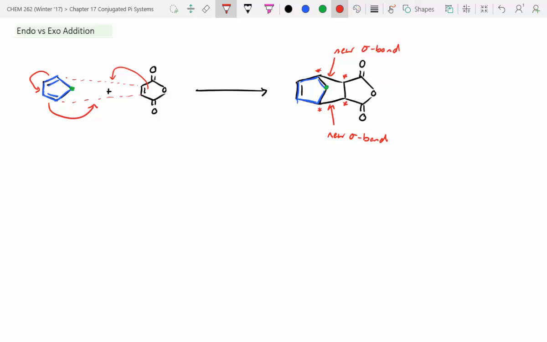Okay. So now let's take a look at this using kind of our side-on view that I like showing. So we'll do a side-on view for our intermediate, or actually, sorry, I'm using the wrong terminology, for the transition state.